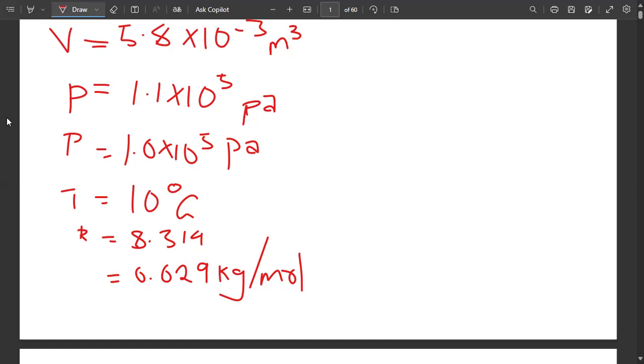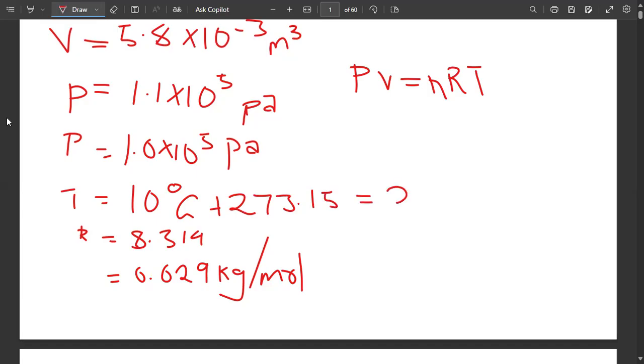And also we should remember this equation very well, the ideal gas law, PV is equal to nRT. So 10 plus 273.15 gives us 283.15 Kelvin. Okay, so we've converted our temperature to Kelvin so that we are consistent with the units we're using.